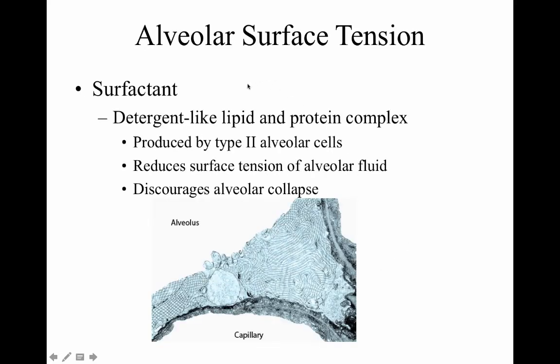To combat this, our lungs have type 2 cells within them that release surfactant, which is a detergent-like lipid and protein complex, so it's very slick, almost like dish soap, and it's produced by type 2 alveolar cells and reduces surface tension of alveolar fluid, which discourages alveolar collapse when we exhale.